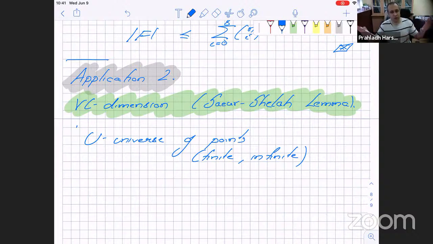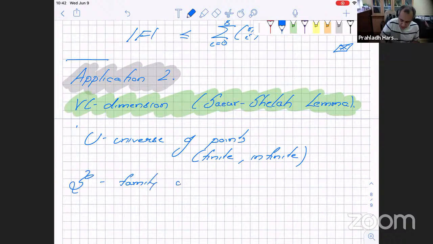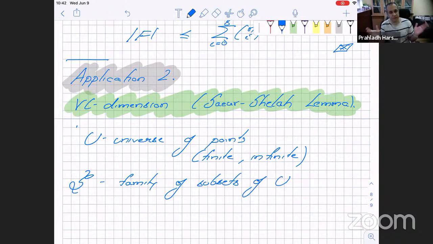It could be all points on the plane. It's some universe of points. And S is a family of subsets of U. It's not all the sets, but it is some family of subsets of U.